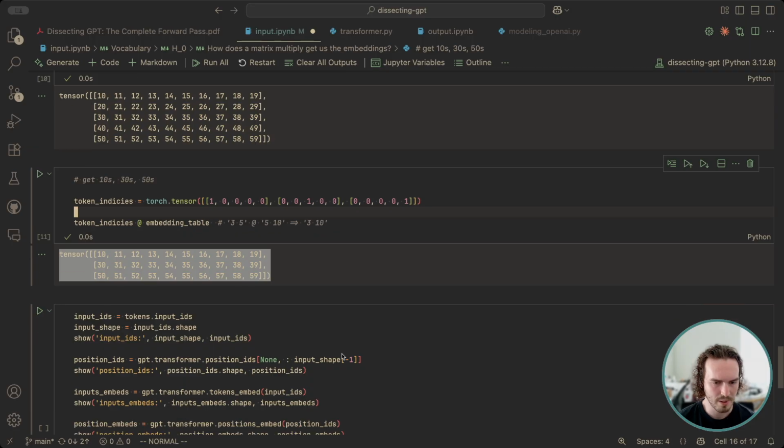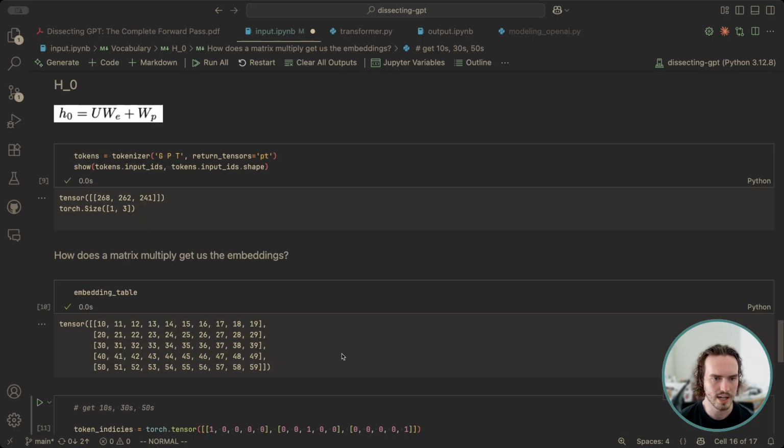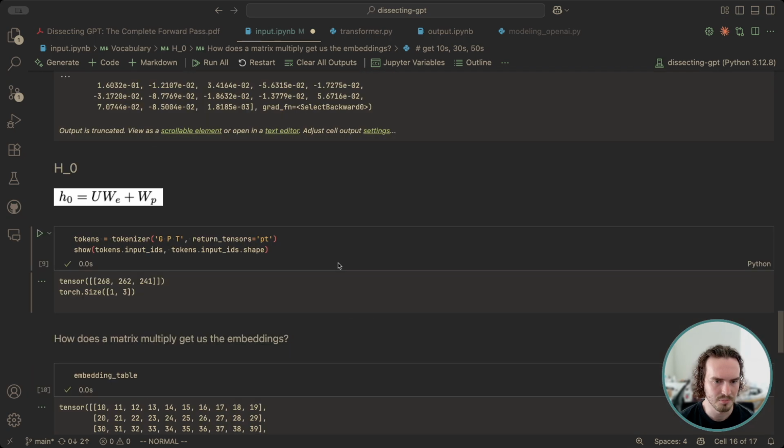So to tie it back to our actual hidden state 0 at hand, we talked about how I can multiply these IDs by my embedding matrix to get the things that I care about. But then we haven't touched on this positional embedding matrix yet.